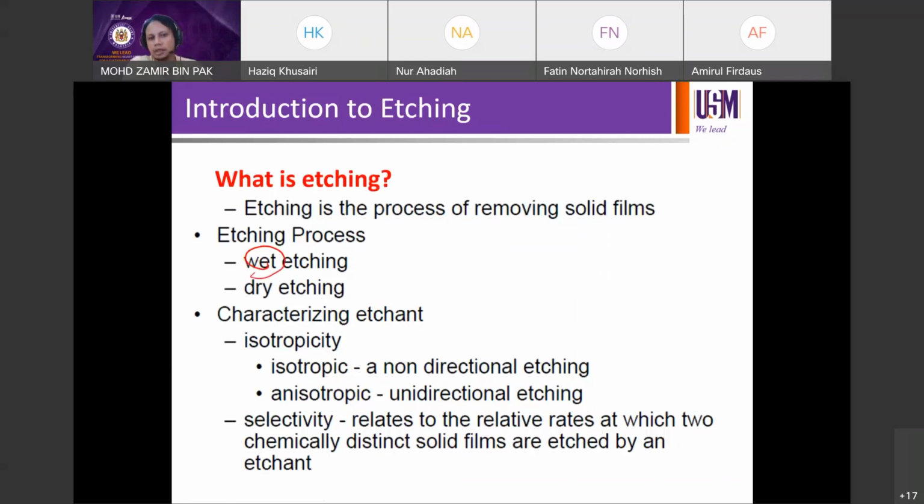Wet means involving chemicals. It will use chemicals like HF, nitric acid, what else? Etching, potassium hydroxide, TMAH. All of those are wet etching. Hydrogen peroxide. So involving chemicals. If you talk about dry etching, it involves plasma.